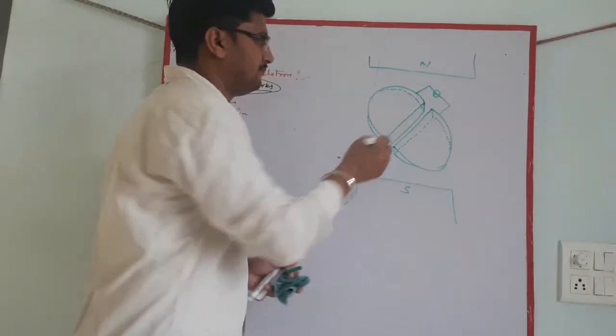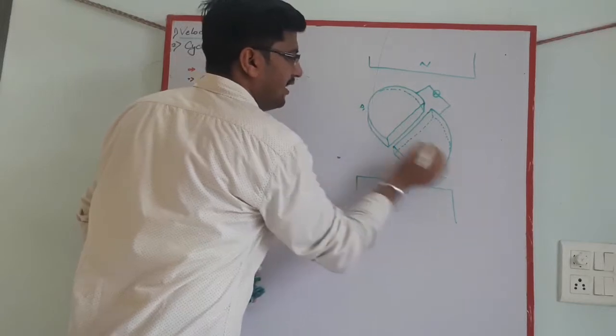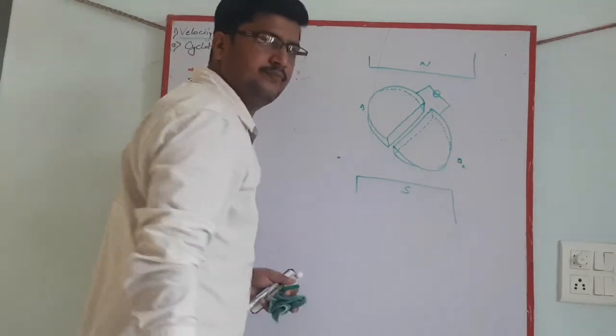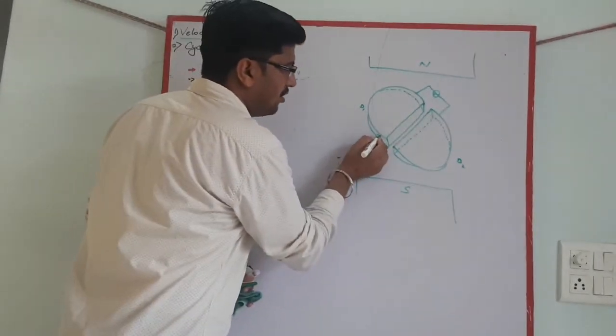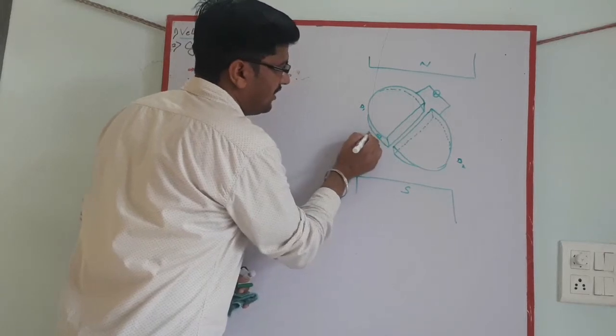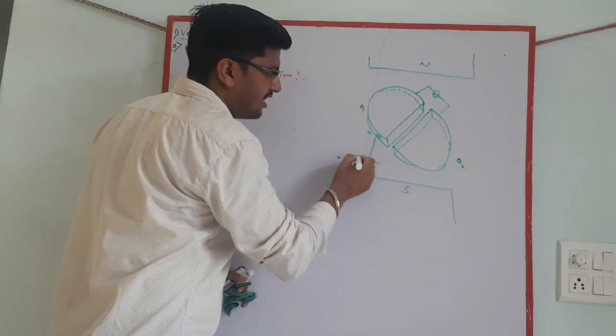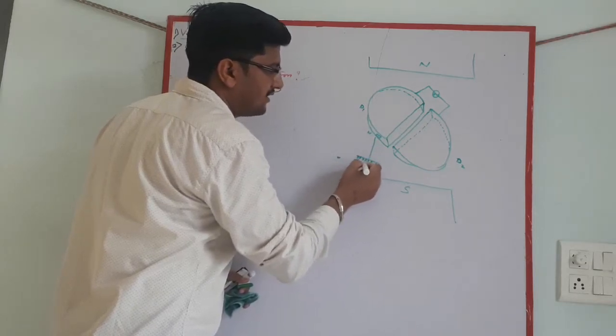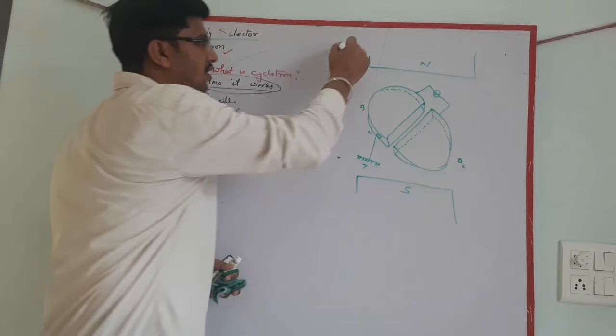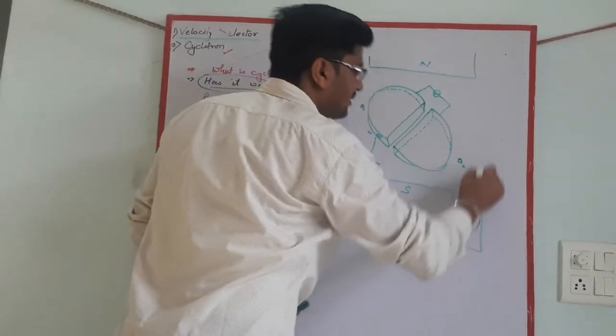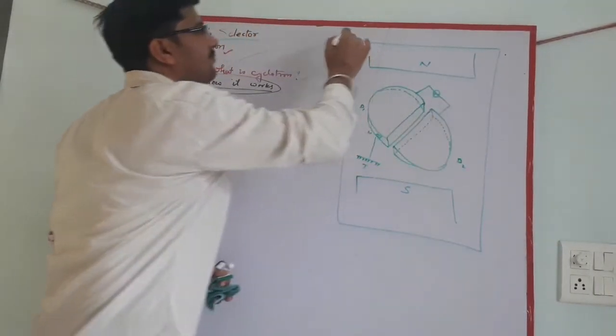Say D1 and D2. Then there is a window in the D through which the charged particle, excited charged particle, is allowed to hit the target. This whole apparatus is enclosed in the chamber.